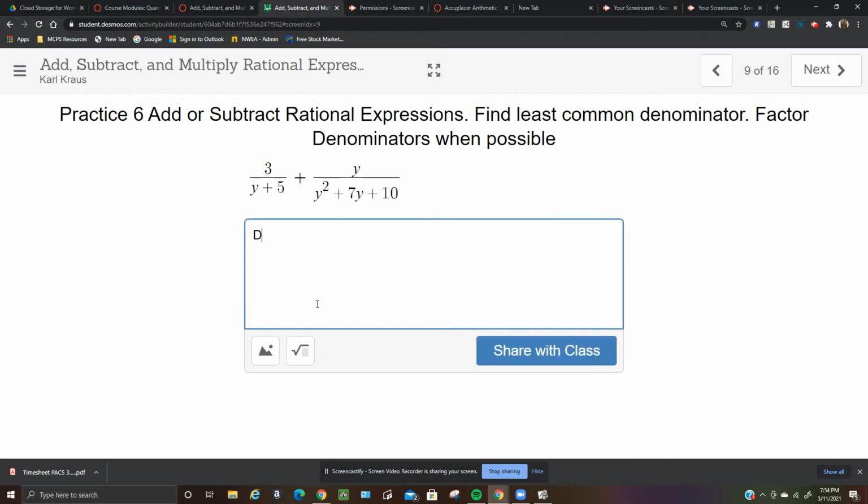In this one, you want to factor the denominators. So I can't do anything with y plus 5.